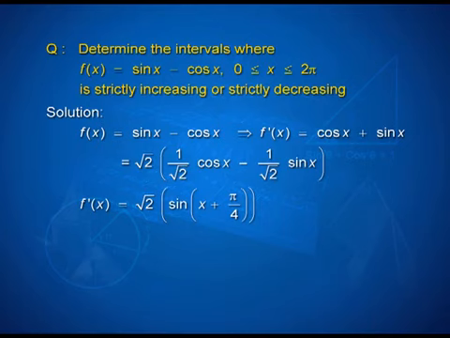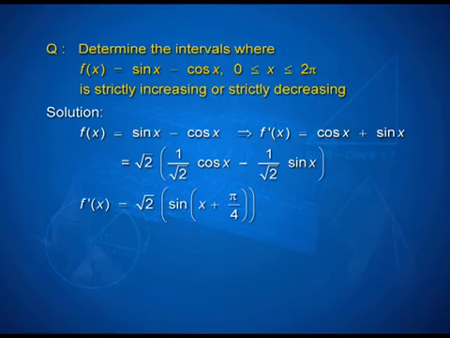I have chosen to write the 1 by root 2 cos x as sin pi by 4 cos x and the other term as sin x into cos pi by 4. So that the f dash x becomes root 2 times of sin of x plus pi by 4.